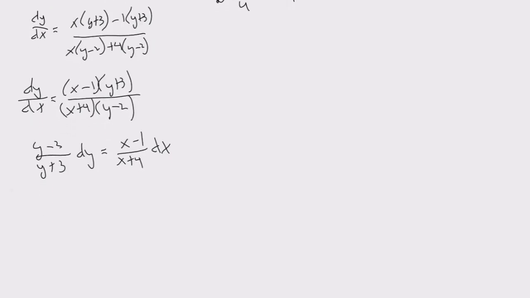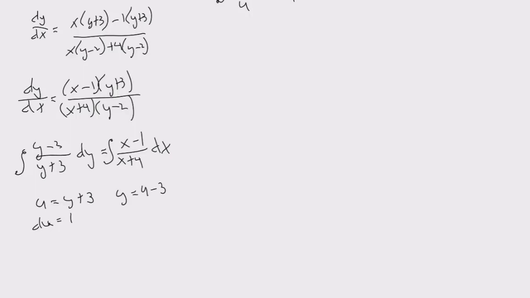So integrate both sides, and let's focus on the left side for right now. Let u equal y plus 3, and then du would equal dy. But more specifically, if u equals y plus 3, what does y equal? So y would have to be u minus 3.